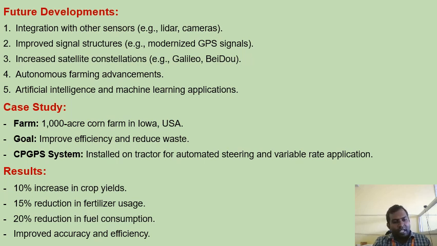Research analyzed before and after the implementation showed a 10% increase in profits and productivity, and 15% of fertilizer usage was minimized. A 20% reduction in fuel consumption was also achieved, and they finally summarized that improved accuracy and efficiency was achieved using a carrier-based GPS system.